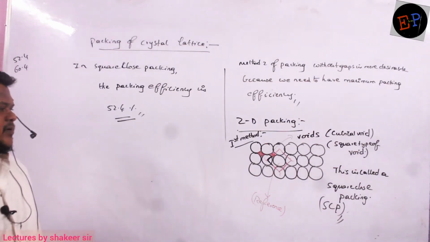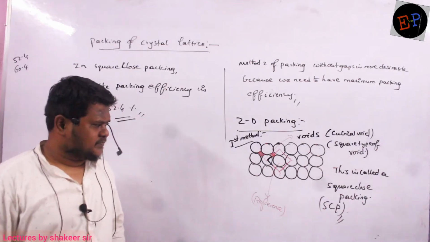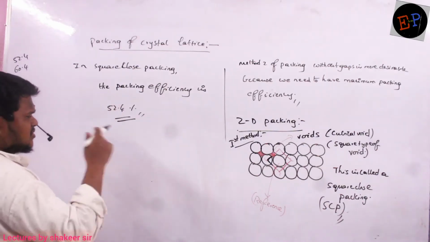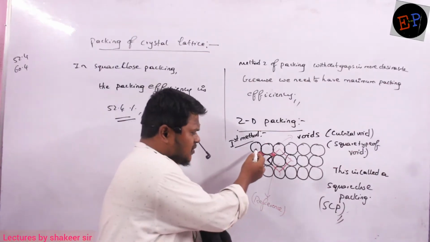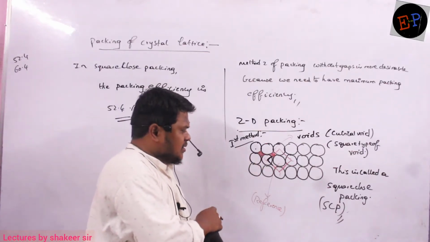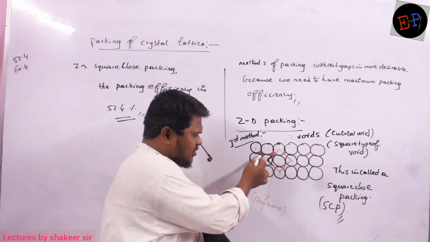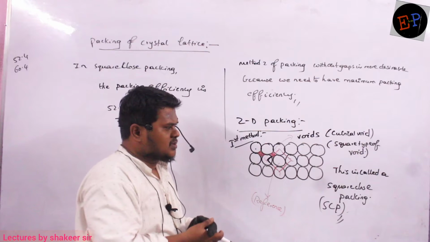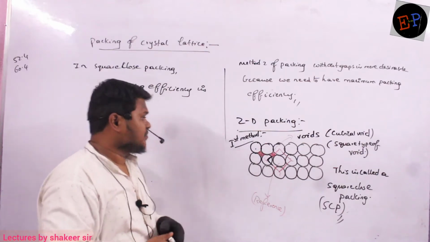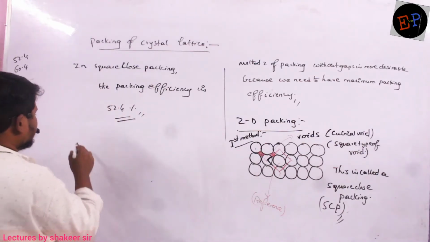And I will try to calculate it. So this is one type of packing. What is happening here? Below one cell I am placing one cell, and in between 4 cells you are finding a void. What is the shape of the void? You can call it a cubical void, or a square type of void. Clear, no?